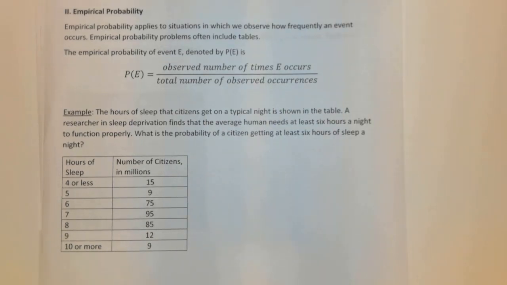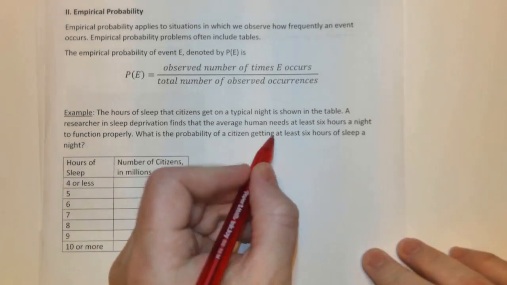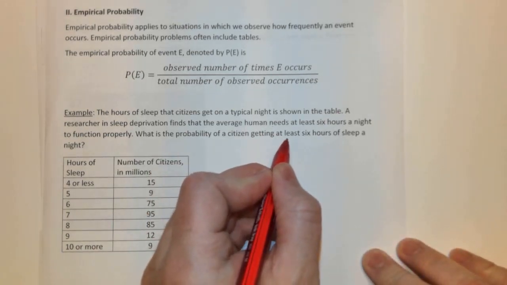So the hours of sleep that citizens get on a typical night is shown in the table. A researcher in sleep deprivation finds that the average human needs at least 6 hours of sleep. What is the probability a citizen will get at least 6 hours of sleep? So this one I pulled from the homework.